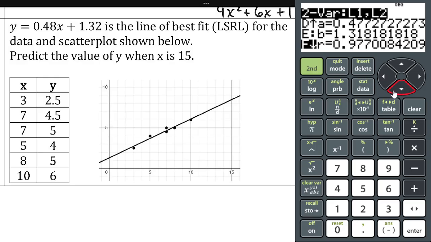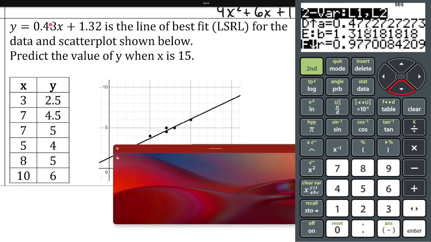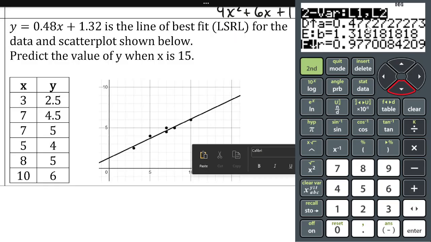If you'll notice on line D, it says A is 0.477. It turns out that this calculator is using the variable A for slope instead of M. So that 0.477 becomes 0.48 when I round it. On line D where it says A equals, that's giving me the slope of this line.